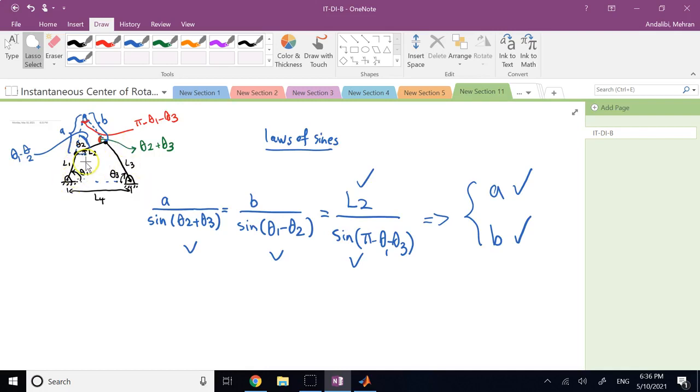Unless members L1 and L3 are what? The same length, so it becomes a parallelogram, and then member L2 is always going to stay horizontal, which is an exceptional case of four-bar linkage. But other than that, this member would change angle, and you have to use the laws of sine for it. So hopefully I could cover this important topic, and I'll see you in the next lecture.